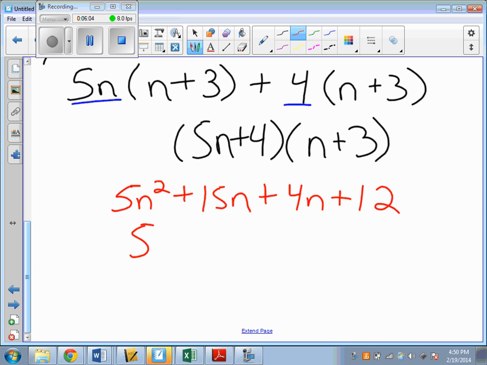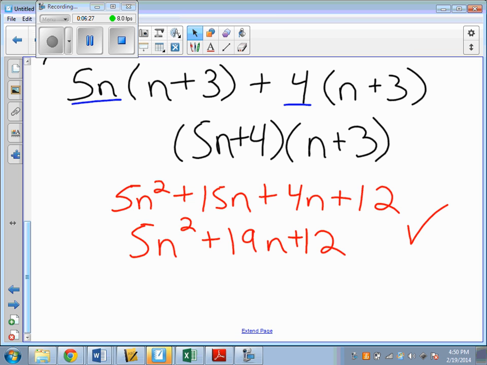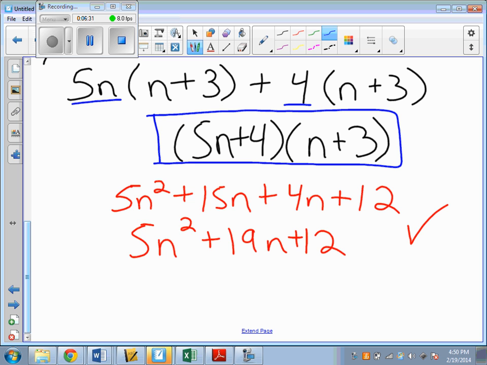If we combine our like terms, we get 5n squared plus 19n plus 12. And if we check, that is the same problem that we started with. So our answer checks out. 5n squared plus 19n plus 12 can be factored into 5n plus 4 times n plus 3. And you're all done.